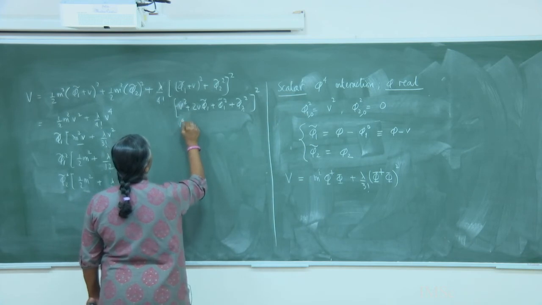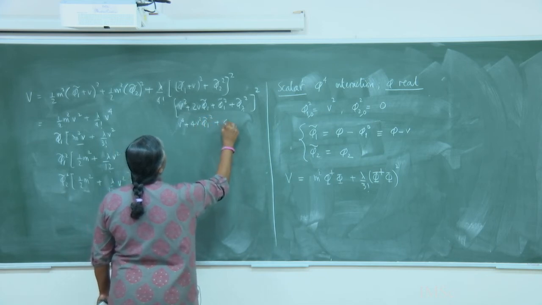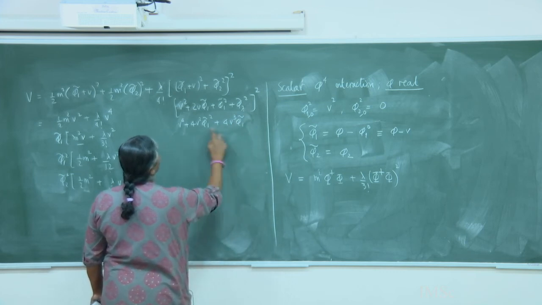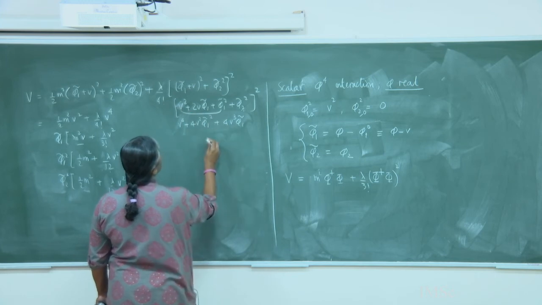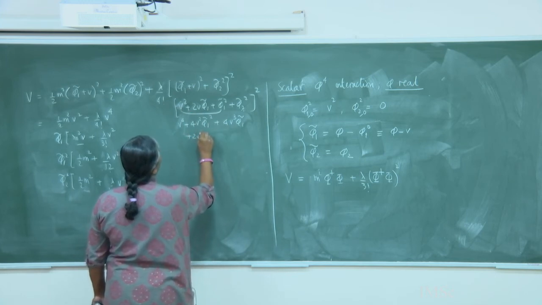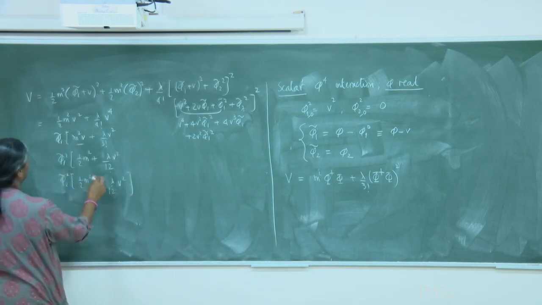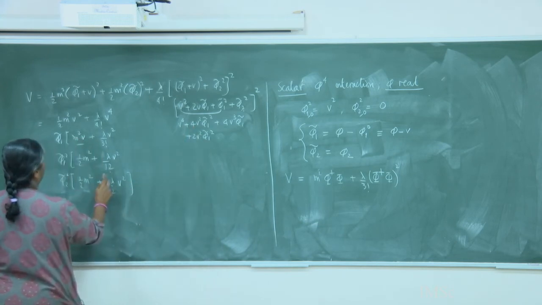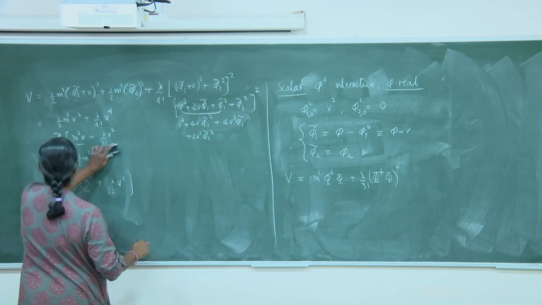So we have v power 4 plus this squared plus 4 v squared phi 1 tilde squared plus 4 v cubed phi 1 tilde. So these are all the square terms, right? And then this v squared into phi 1 squared will give me 2v squared phi 1 tilde squared. So let me just check. So v power 4 is here, v squared phi 1 tilde squared. So v squared phi 1 tilde squared, let me write it again.